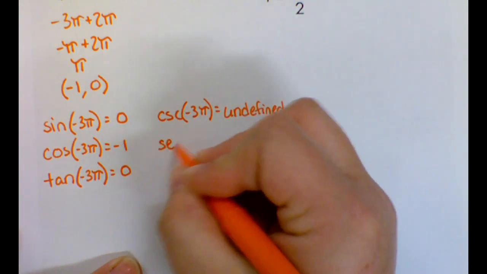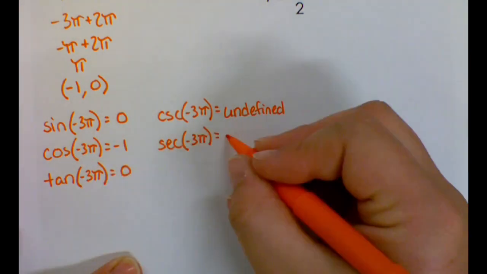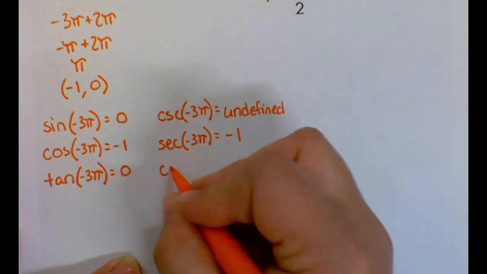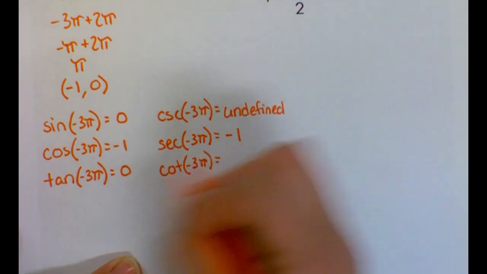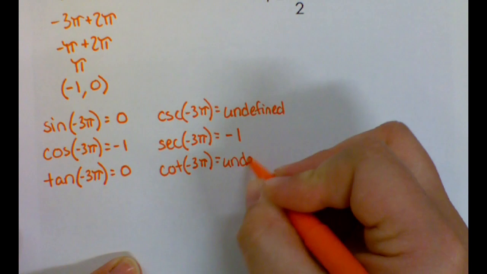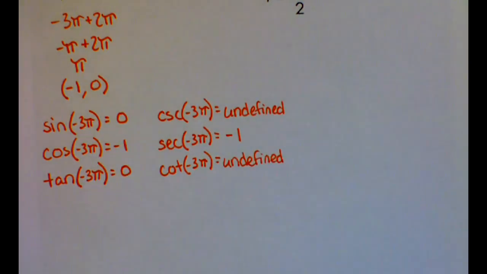The secant of negative 3 pi is 1 over negative 1, which is negative 1. And the cotangent of negative 3 pi is 1 over 0 again, so undefined. Anytime one of your coordinates is a 0, you'll have 2 pieces that are undefined.